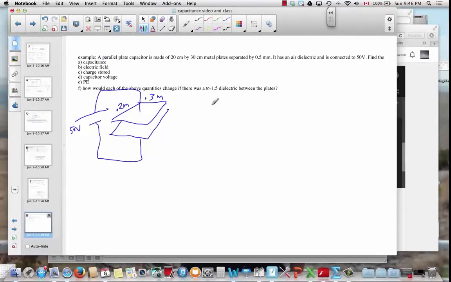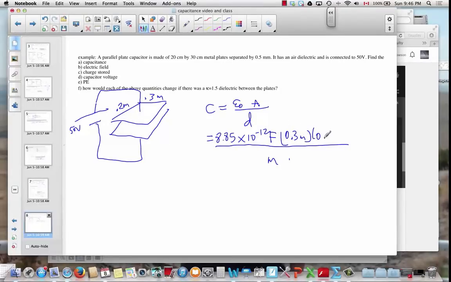What is the capacitance? Well, we just said it depends on the area of the plates directly and the plate separation inversely. So we put in our 8.85 times 10 to the negative 12. And what are the units of epsilon naught again? Farads per meter. Our area is 0.3 meters by 0.2 meters.